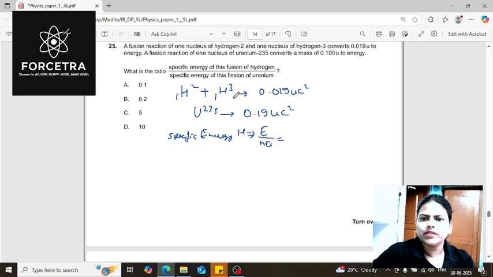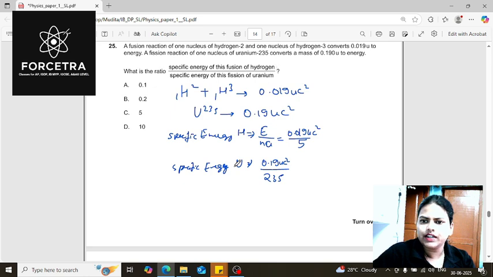So the total number of nucleons in the first reaction is 5. It is 3 and 2. So it would be 5, and the energy is 0.019 u c squared, and the specific energy for the uranium would be 0.19 u c squared upon 235.